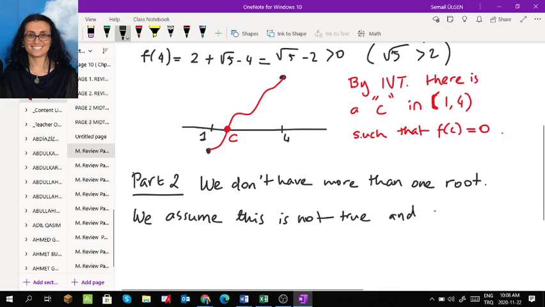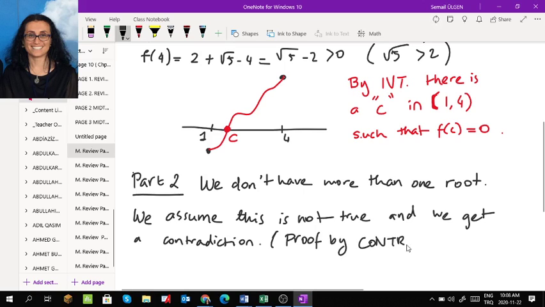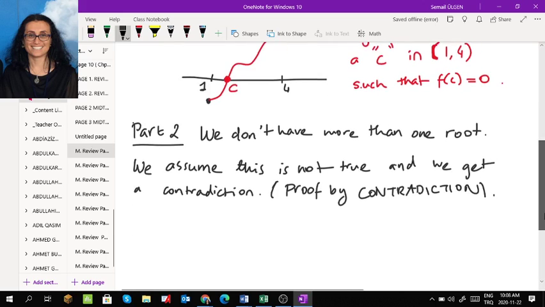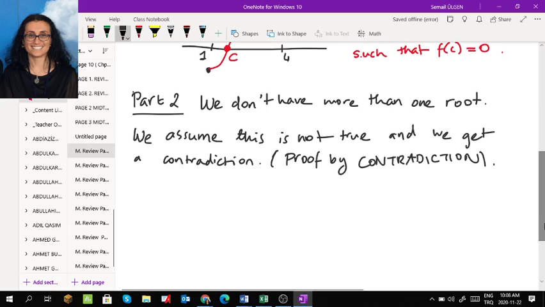This is called a proof by contradiction. How do we do that?